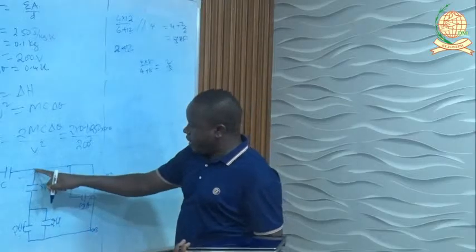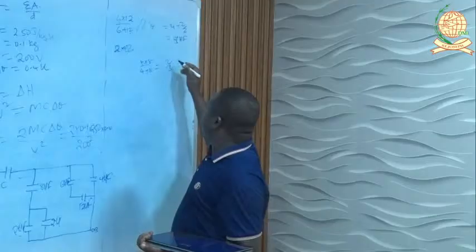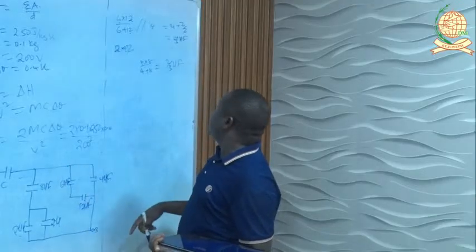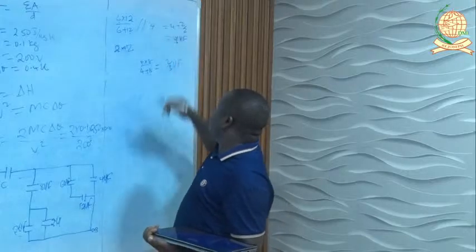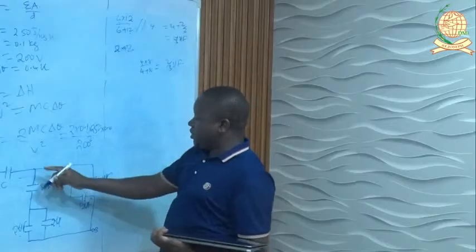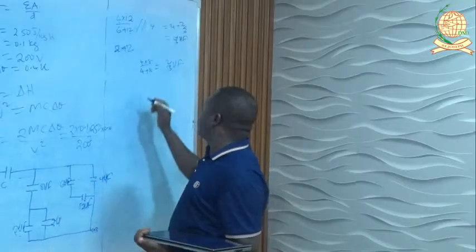So I have from there to this 2/3 microfarad. From here to this, there are 14/3. So now what is the total from this point to this point?